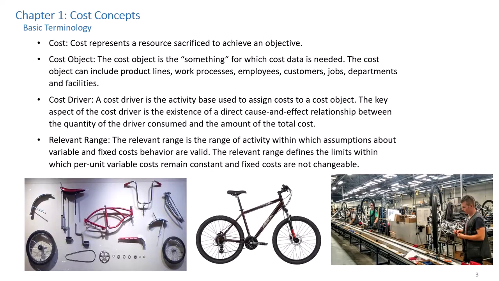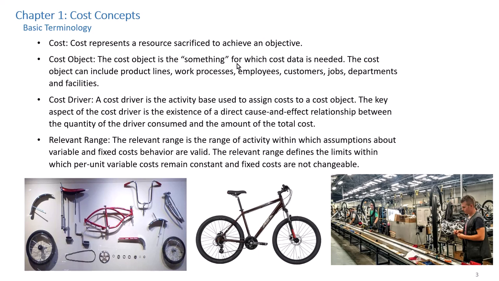Let's assume that we are a company that manufactures bikes. The concept of cost might be applied to the cost of running the building, the wages and salaries of employees, the production equipment, and the materials needed to make a bike. The term cost object is used to identify anything for which we want to get cost data.